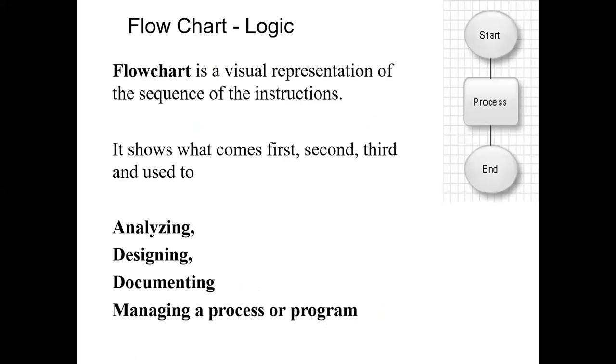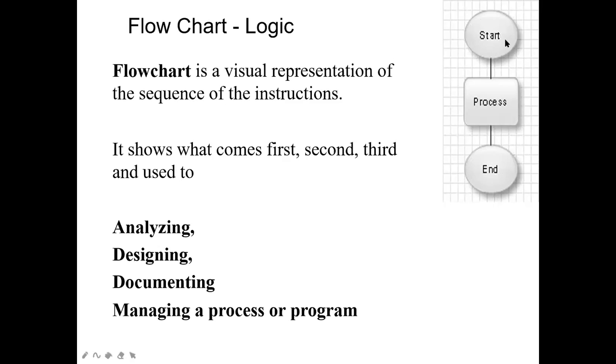The next step is to draw the flow chart of any program. When we make a program, before that a flow chart, a graphical representation, is necessary, right? It shows what comes first, second, third. A flowchart is a visual, graphical representation of the sequence of instructions.